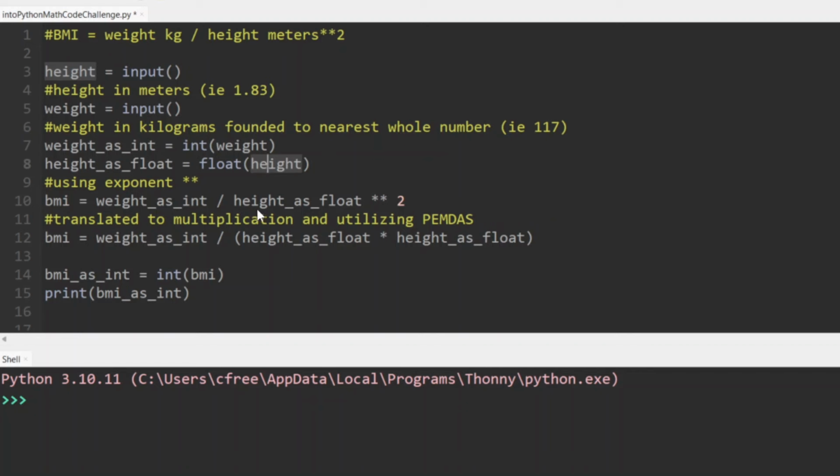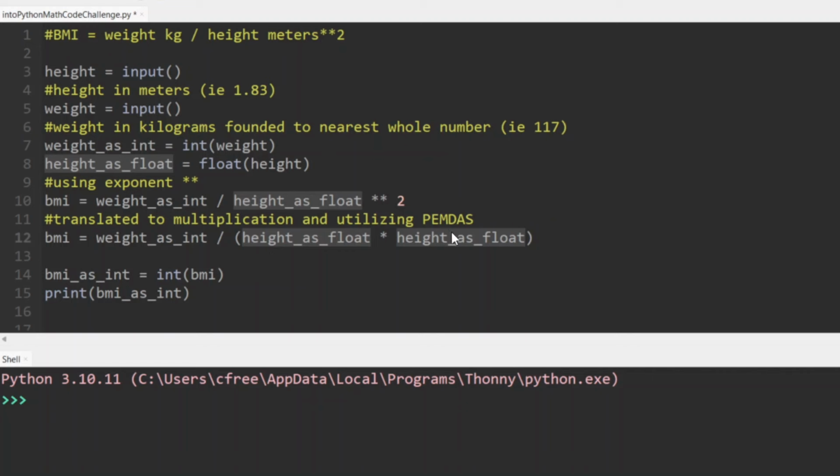Okay, so now, rather than using the exponent, we're going to translate this to a multiplication utilizing PEMDAS: parentheses, exponent, multiplication, division, addition, subtraction. So the BMI equals weight as an integer divided by, if you notice, I've spelled it right because it's highlighting earlier. And on the division side, when I hit height as float, it highlights the height as float from earlier. So that is a defined variable.